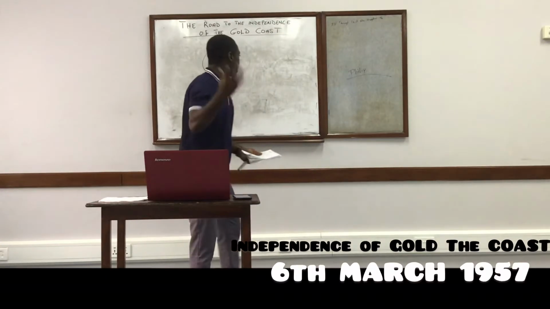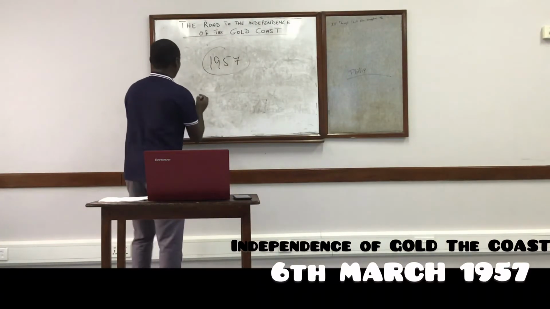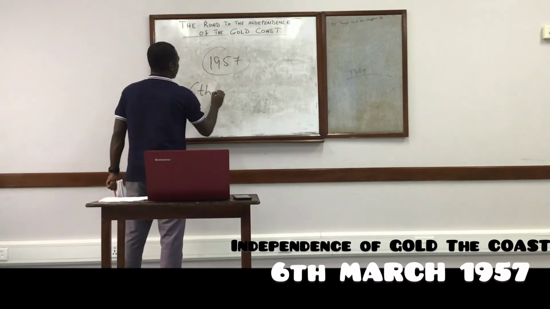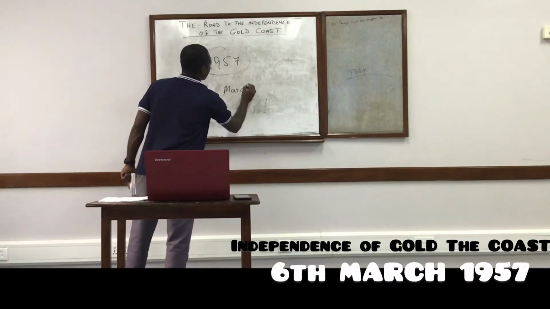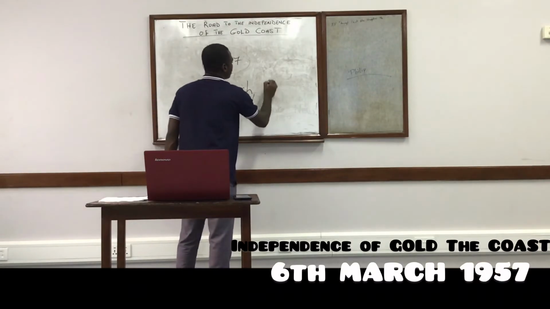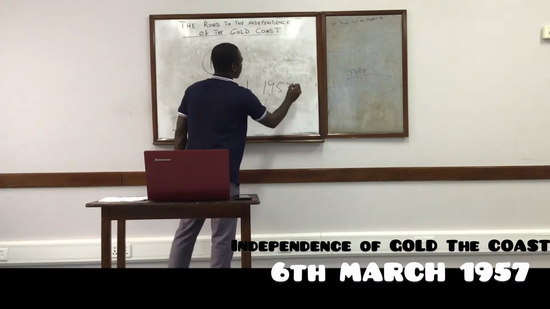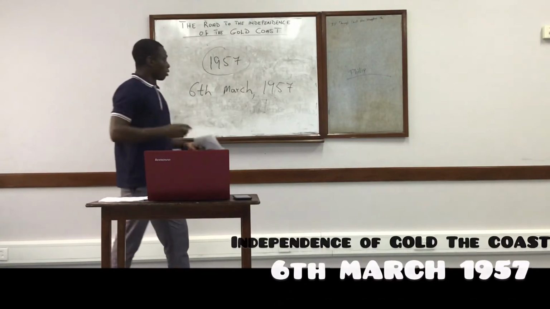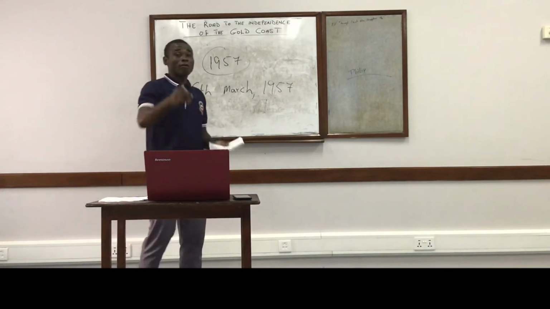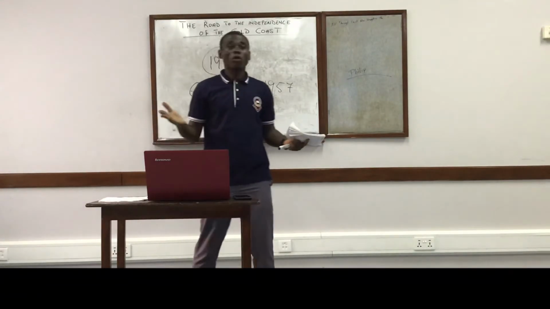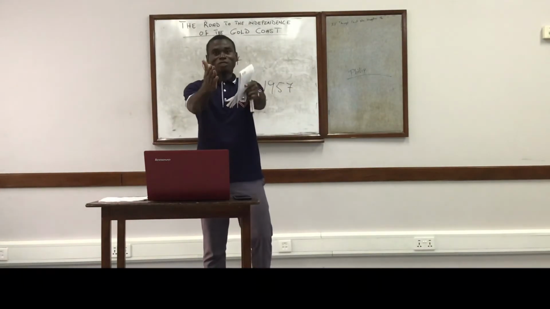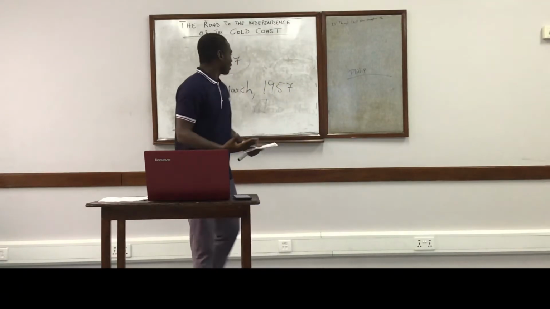So they declared the independence of the Gold Coast on 6 March 1957. There's one thing that we have also learned here that many people don't know, and I think you are fortunate to be part of this channel to learn these things.